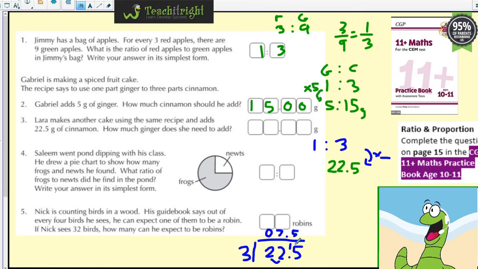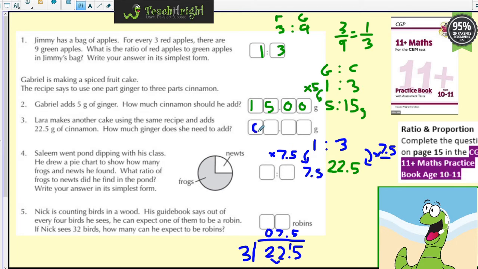So can you see how that very easily has given me 7.5, and that means I now know in order to go from 3 to 22.5, I times by 7.5. And that, I think, is the challenging step. Because now I apply the same thing, so I times 1 by 7.5, and of course, timesing anything by 1, I end up with the same answer, so it is 7.5.